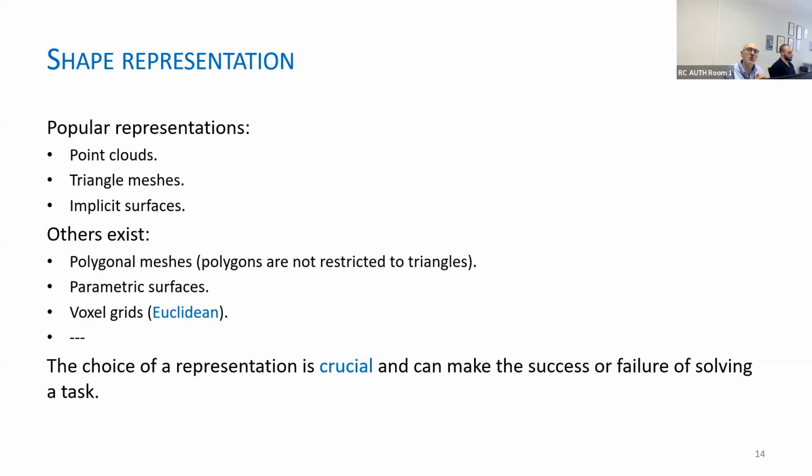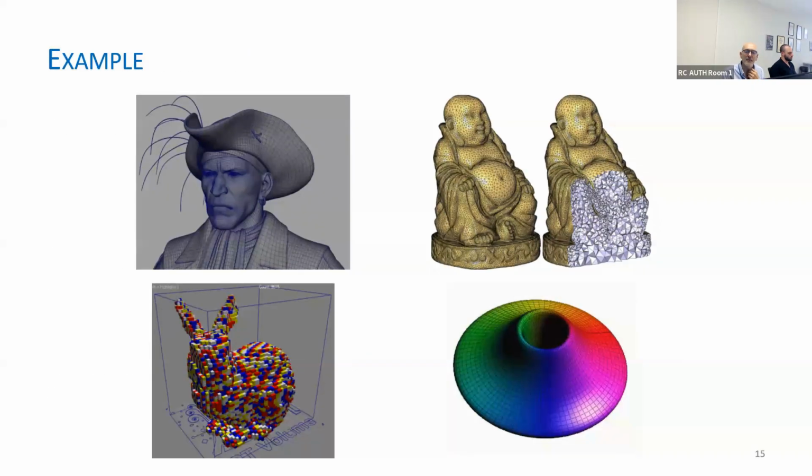And so the choice of this representation can be important for the success of a particular problem. Here you can see some examples of these different representations. So again, using volumetric representation, and also meshes.